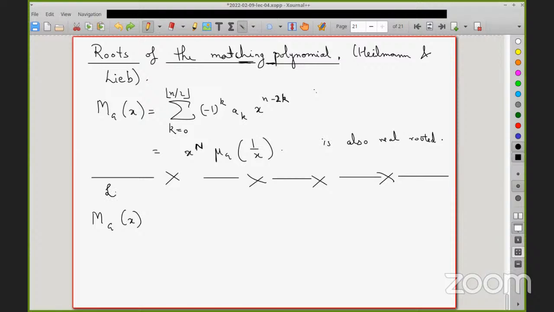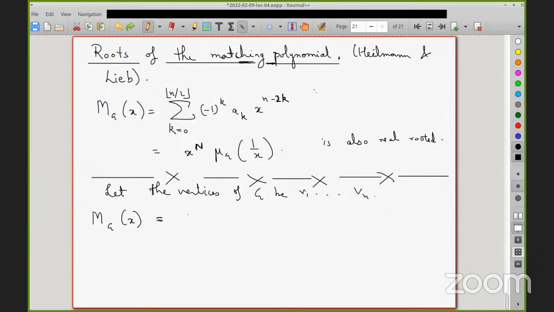So let the vertices of G be v1 to vn. So what are the matchings? First I will count all the matchings in which the vertex v1 is not matched.